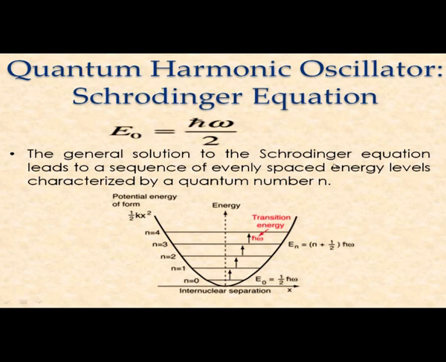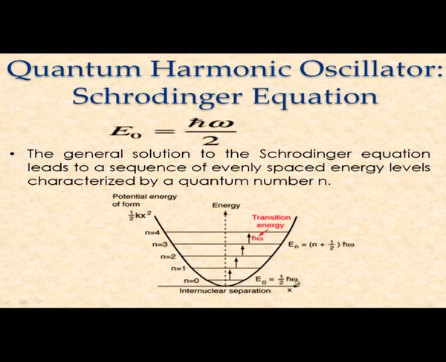The general solution to the Schrodinger equation leads to a sequence of evenly spaced energy levels characterized by the quantum numbers n, principal quantum number. For n is equal to 0, this E naught is equal to half h cross omega. That means even at 0 Kelvin, the atoms are not in rest position, or molecules or particles are not in rest position.